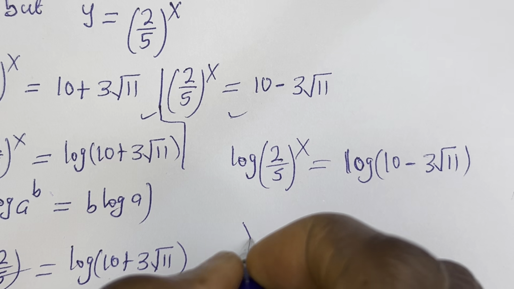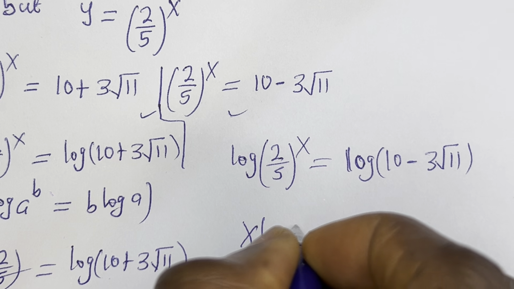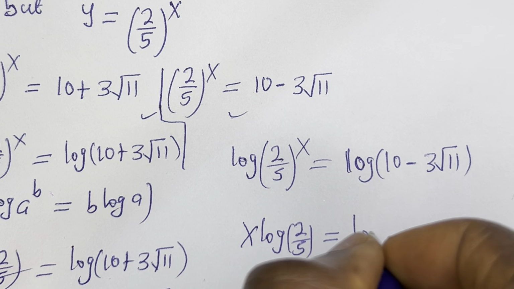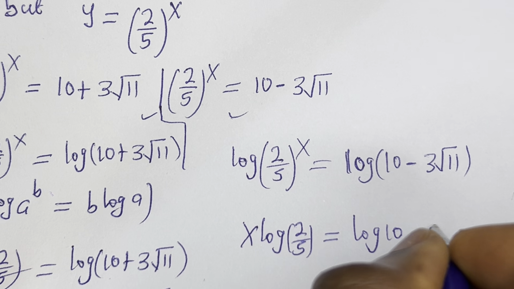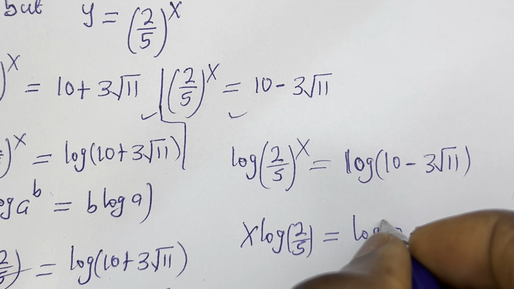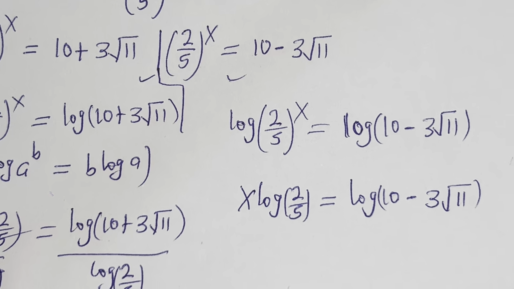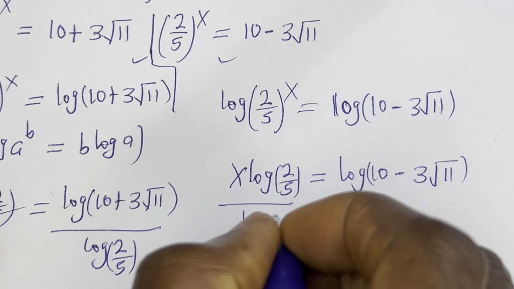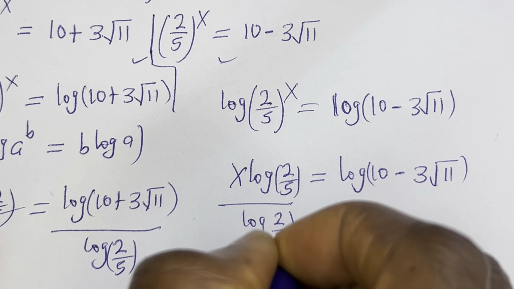Then this is x log (2 divided by 5) is equal to log of 10 minus 3 square root of 11. Then let's divide all through by log (2 divided by 5).